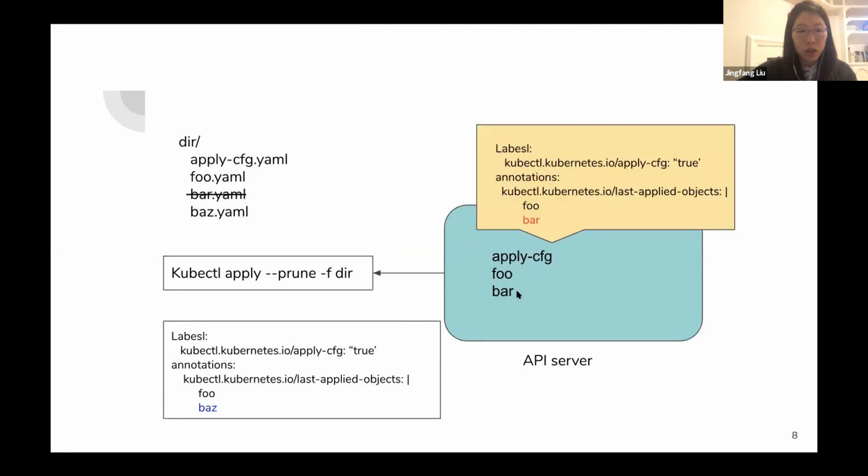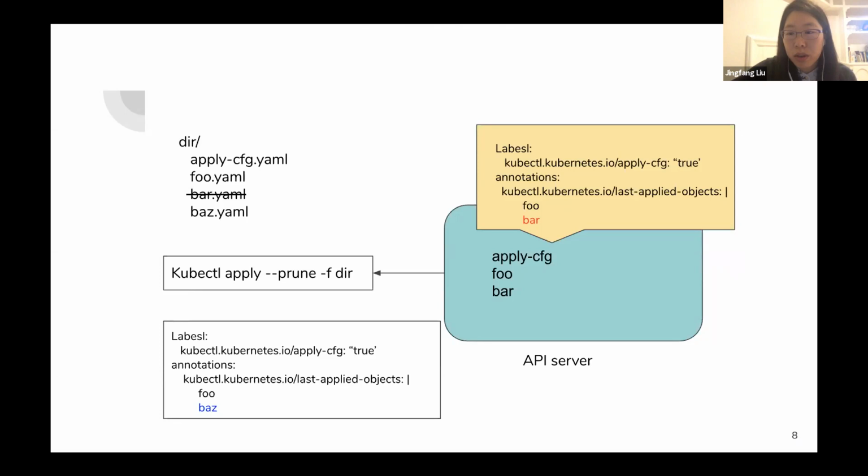And now let's say the directory is modified. We removed bar and we added baz. At the same time, the apply config object needs to be updated. So as you can see, now we have foo and baz in the annotation instead of foo and bar. So this time when kubectl sees the directory, it will first fetch the apply config object from the cluster, which is the yellow one, the live object for apply config.